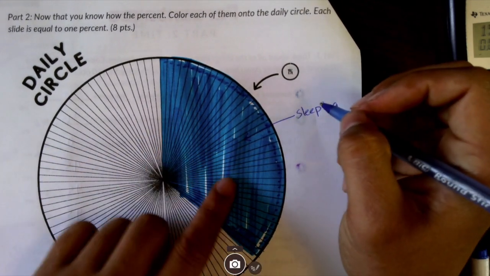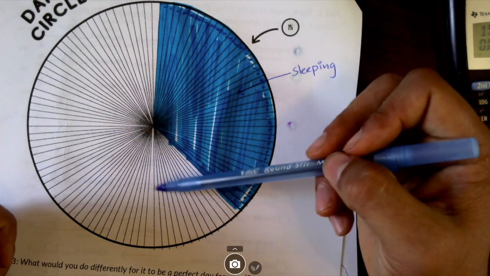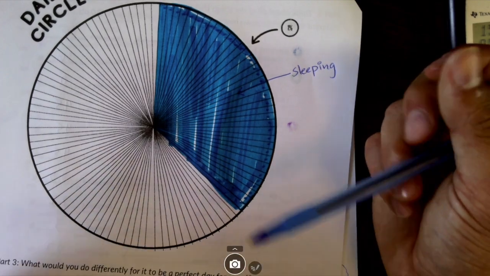Okay, and so you're gonna color the entire wheel. There are exactly 100 of these little slices, and so as long as you did the math correctly, you should not have any slices left over, and you should also not need any more slices. We might have a little bit of difficulty because some of ours was like 2.2 and 4.5.